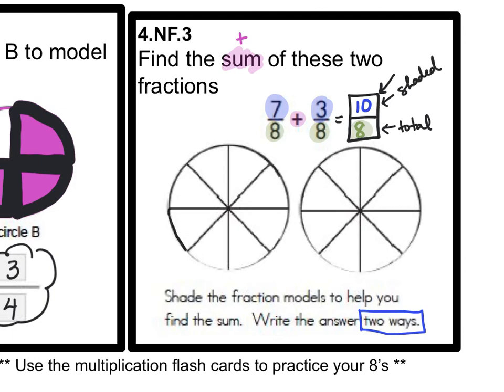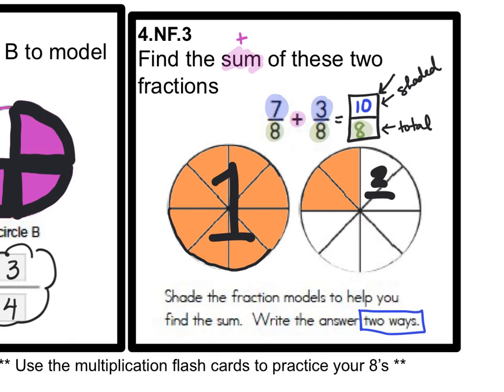I'm going to close this circle in a little bit better to make it a little bit easier. So I'm going to shade in 10 parts. I'm going to use orange. So I have 1, 2, 3, 4, 5, 6, 7, 8, 9, 10 parts shaded. If you can see this, I have one whole here, and I have 2 out of 8 pieces here.